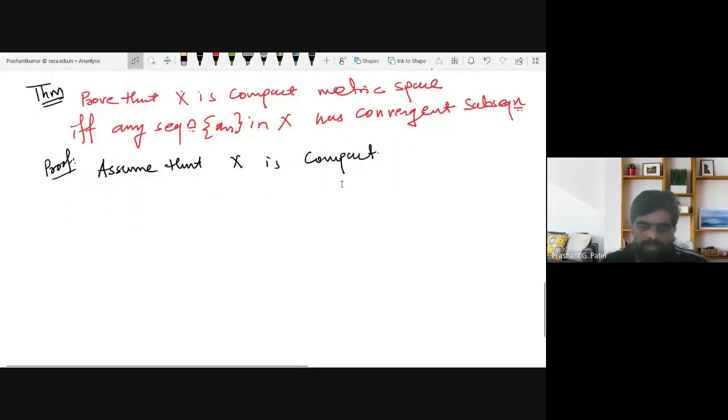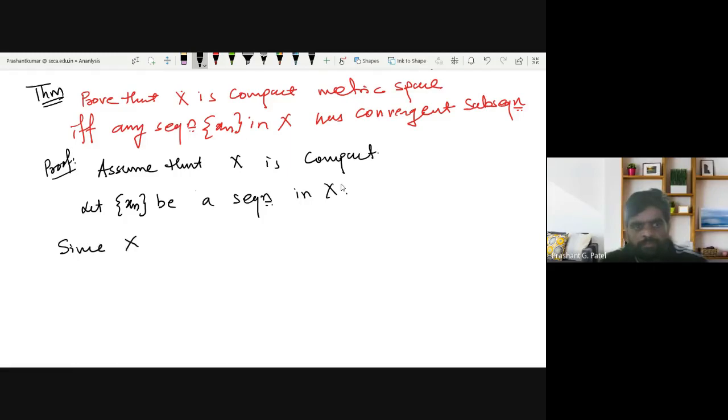So X is complete. And let us consider xn to be a sequence in X. Since X is compact, it implies that X is totally bounded.